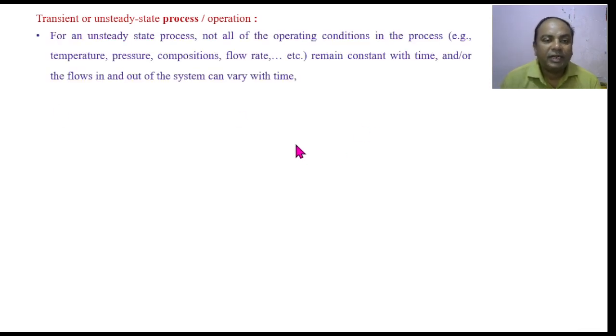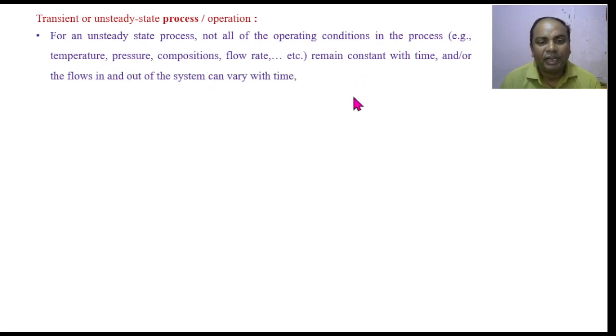Now the next one is the transient or unsteady state operation, or unsteady state process. Here, in contrast to the steady state process, all the process variables, or all the operating conditions, when the process is operating under unsteady state, that is temperature, pressure, composition, flow rate, vary.